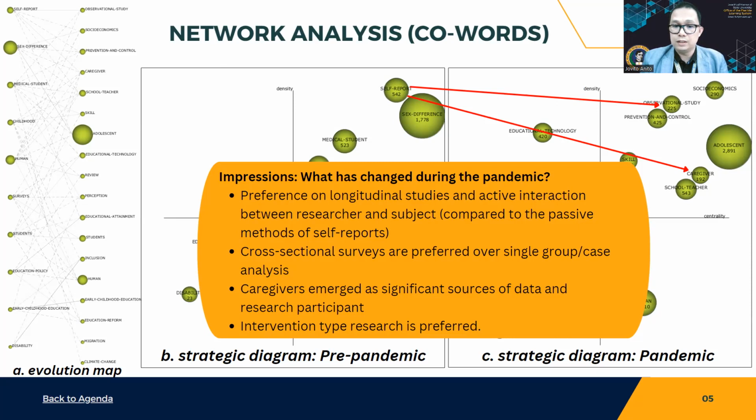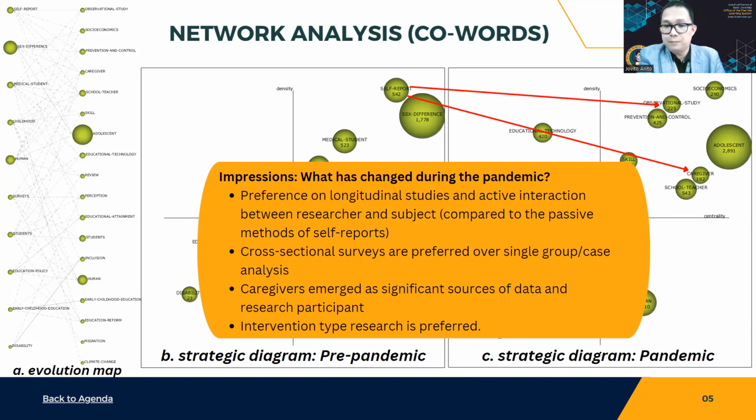Our impressions include that during the pandemic period, we prefer longitudinal studies, and studies that involve active interaction between the researcher and the subject, which is different from the self-report in the pre-pandemic period, which is highly passive, as a characteristic of a self-report, wherein surveys, for example, are administered without the intervention of the researcher. The pandemic period also prefers cross-sectional surveys over single group or case analysis.